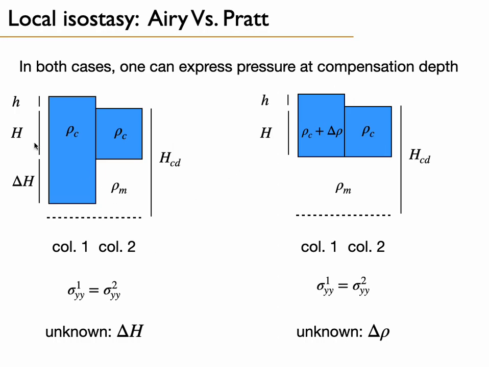So one example here is that you could solve for the root thickness, while in this case you can solve for the density difference between blocks. Of course, you can always fix this parameter and solve for another one.